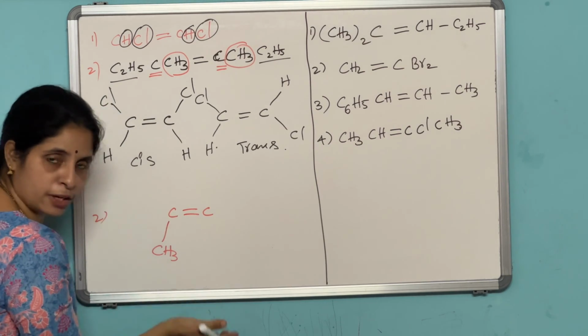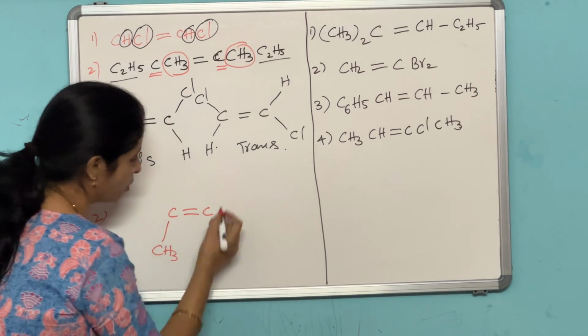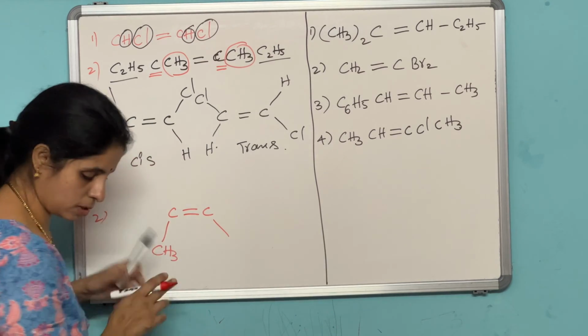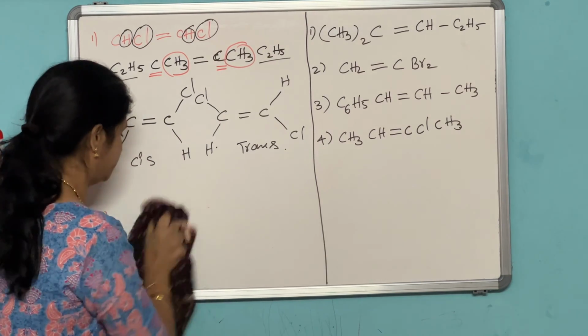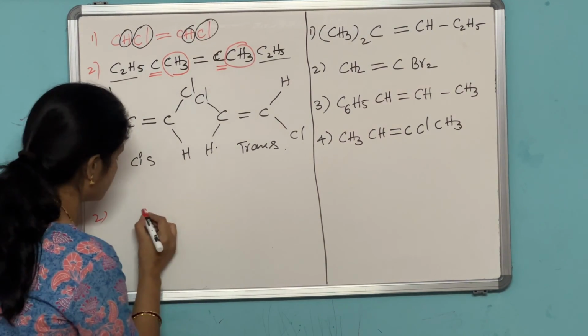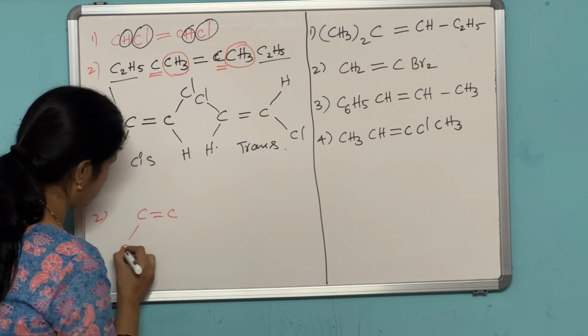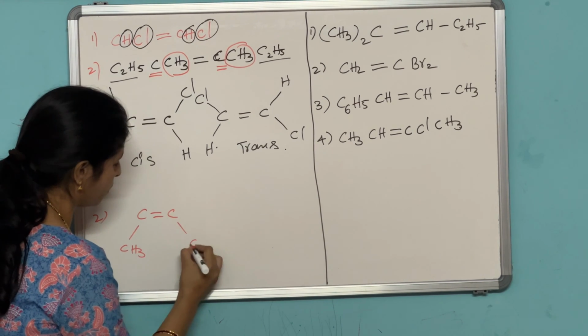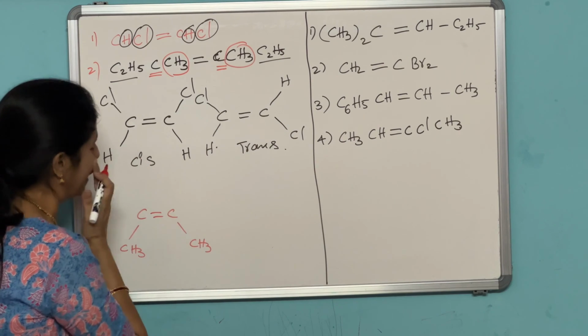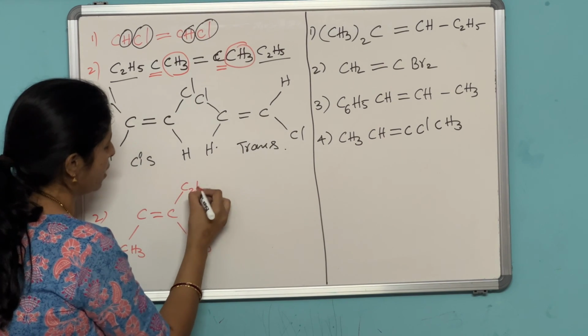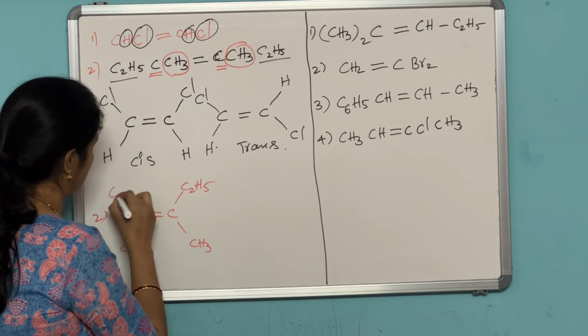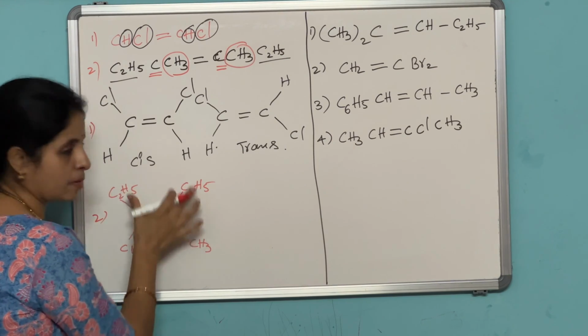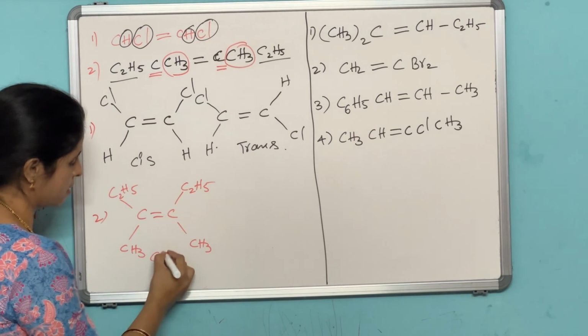Whether you write below the double bond or above the double bond, that is your wish. So I will write here. So first double bond C. So it is CH3 and the remaining C2H5. Same atoms, same side. It is cis isomer.